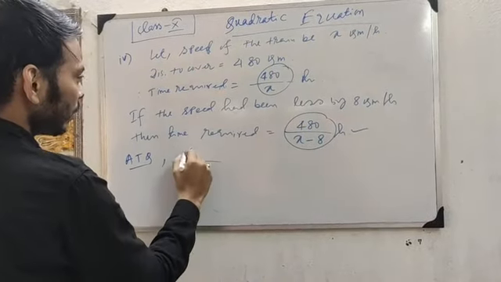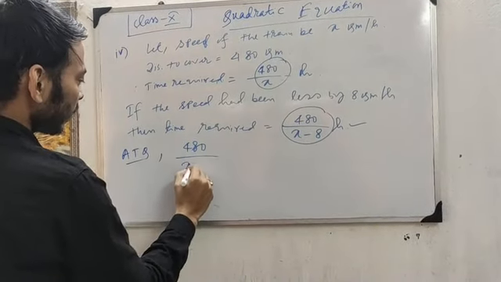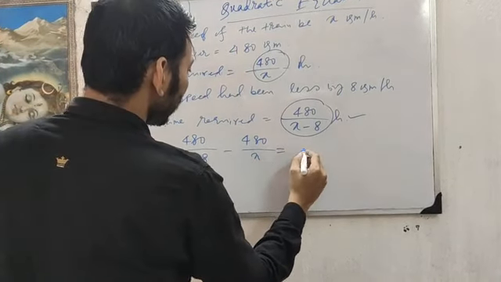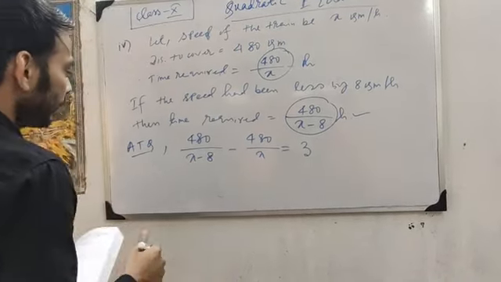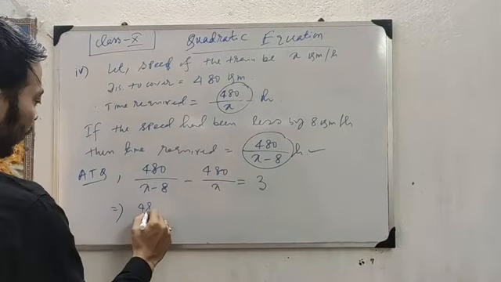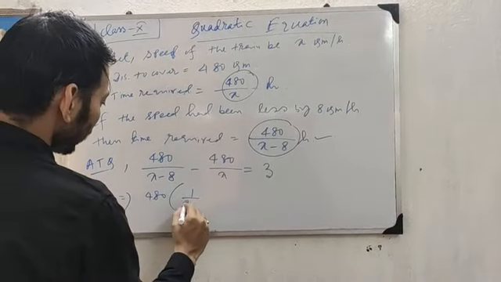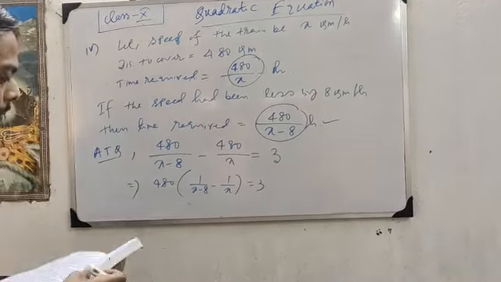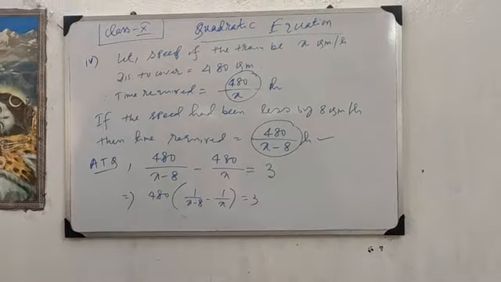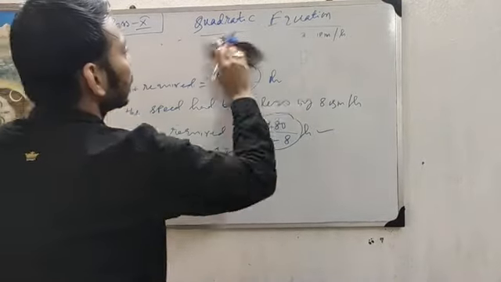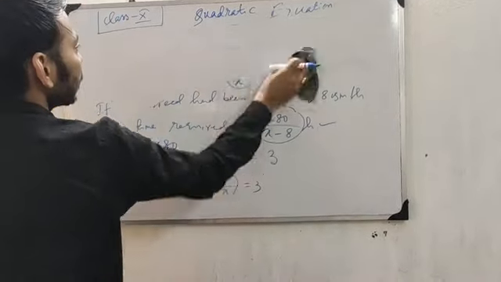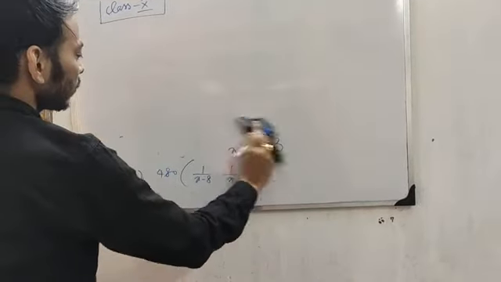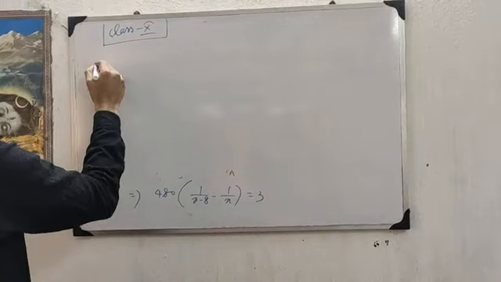So the equation will be 480/(x − 8) − 480/x = 3. Taking 480 common, we get 1/(x − 8) − 1/x = 3/480.